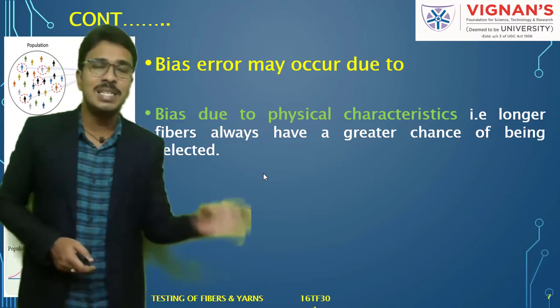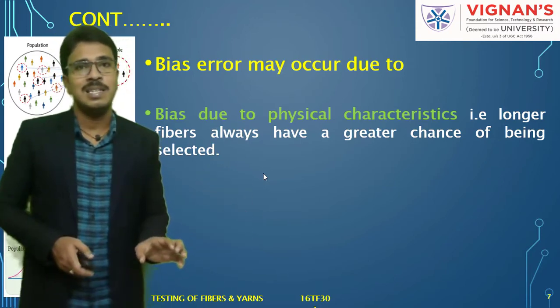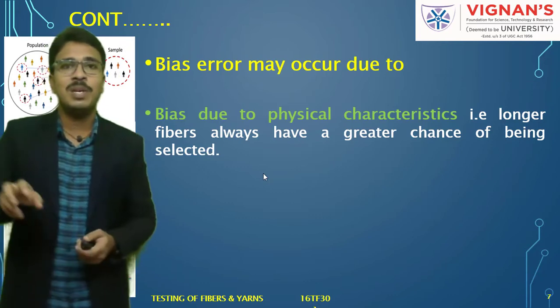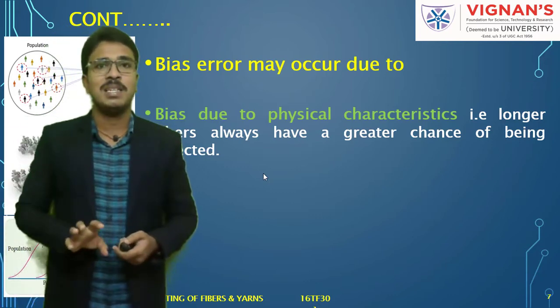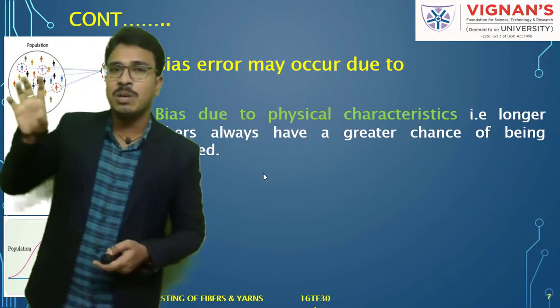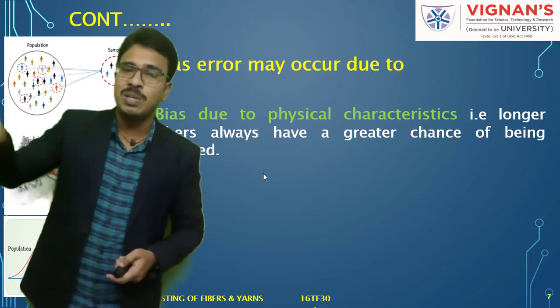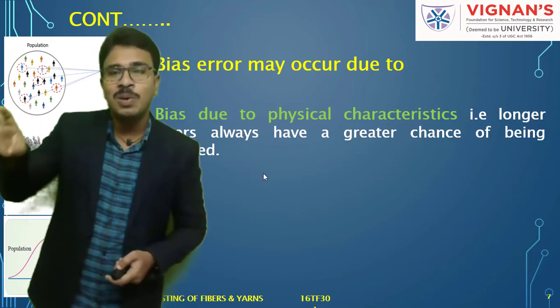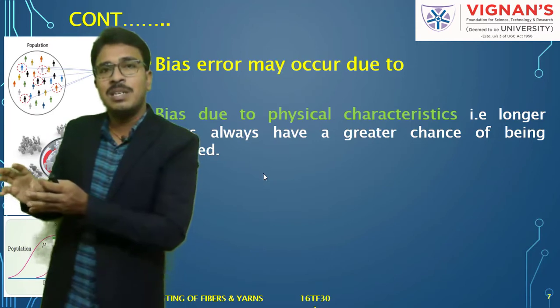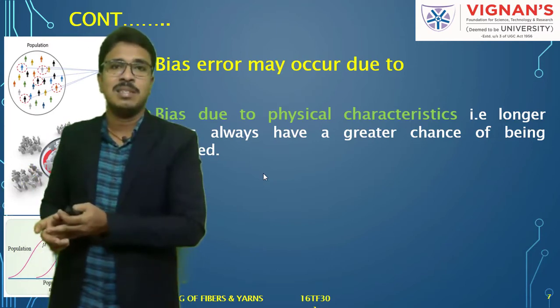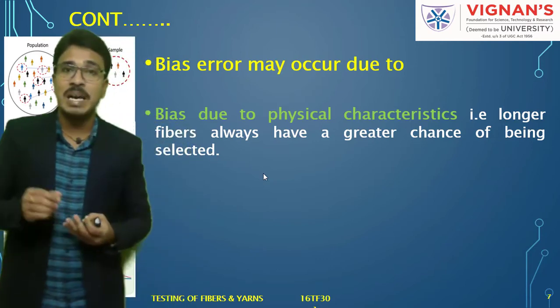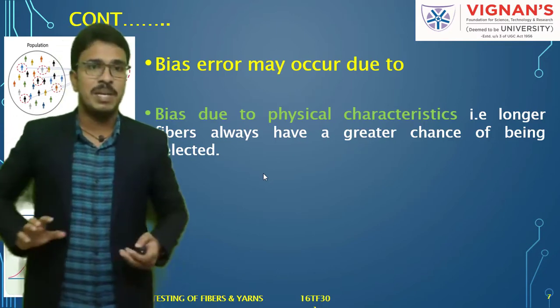That is called biasing the person. So suppose you are doing biased sampling, in the sense you select only the cones which look good, or only the cones which don't have any damages. That kind of sampling is called biased sampling.